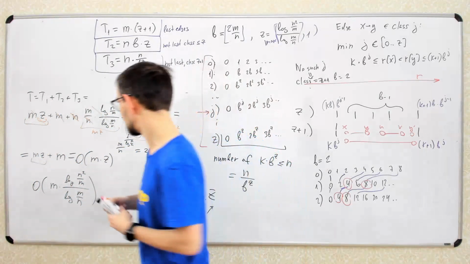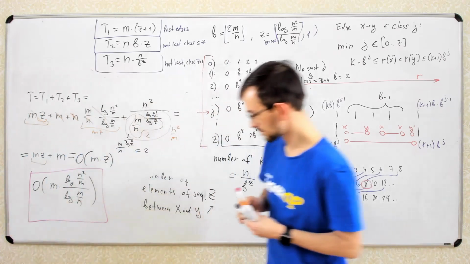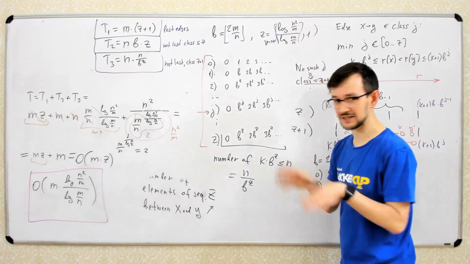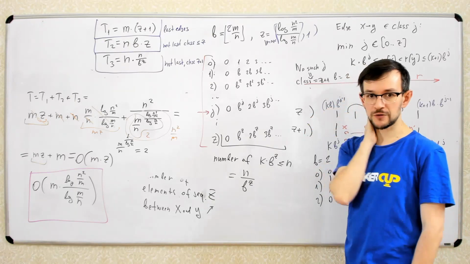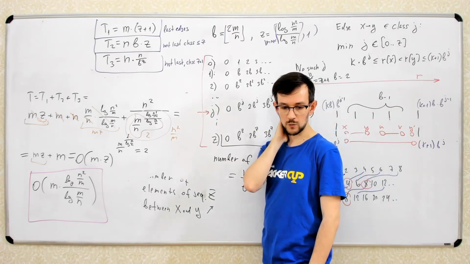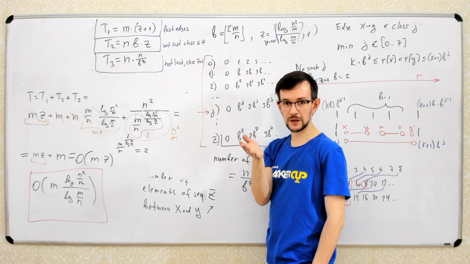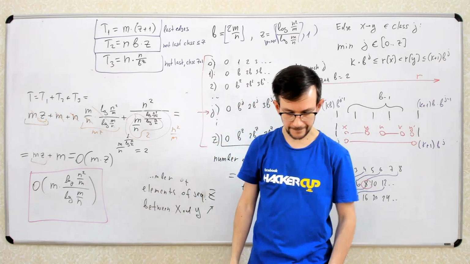This is the final time complexity of the path compression without rank heuristics. So if you just apply path compression without rank heuristics, you will have this time complexity.